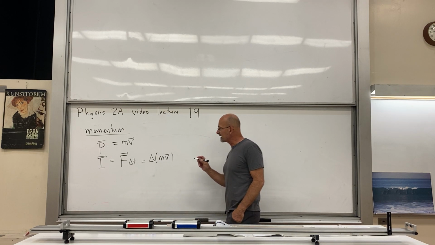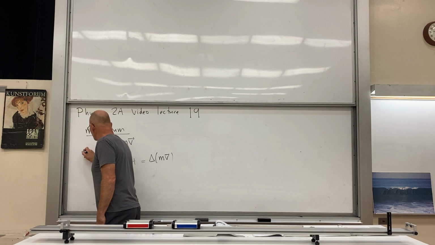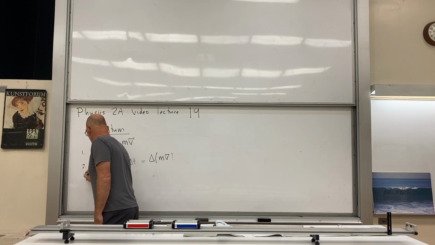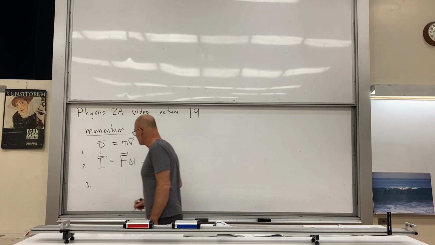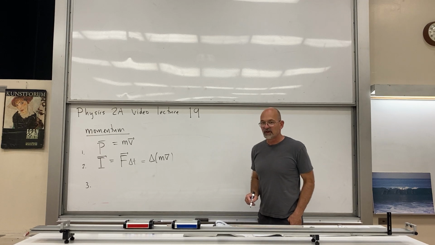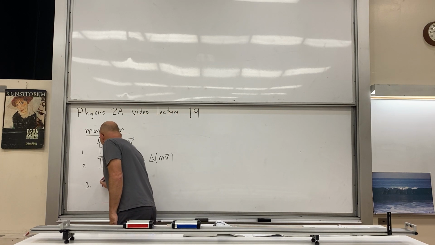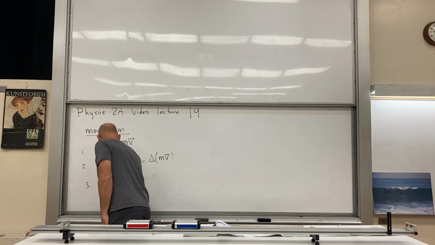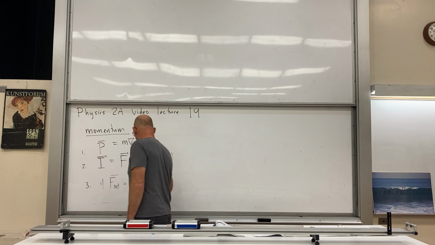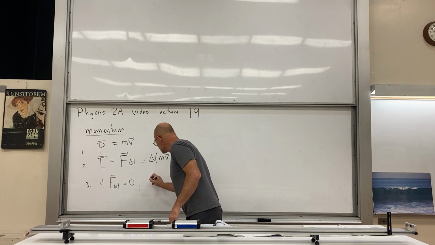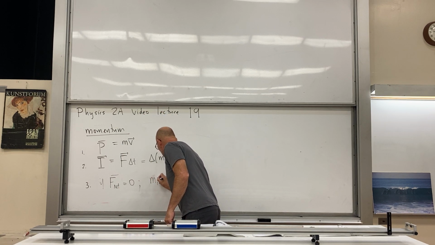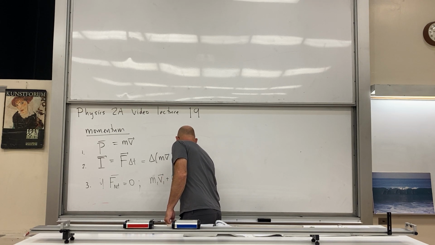And then we had, if the net external force on a two-body system is equal to 0, I'm going to write if F net equals 0. But what we want is that conservation law, M1 V1 plus M2 V2.